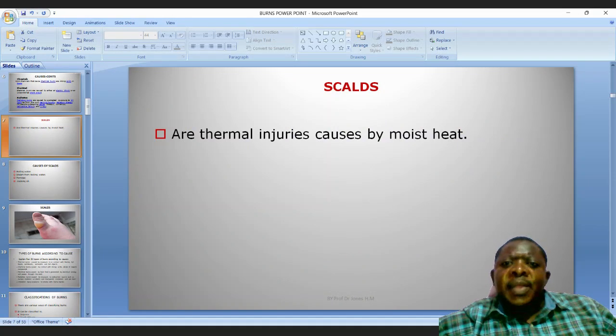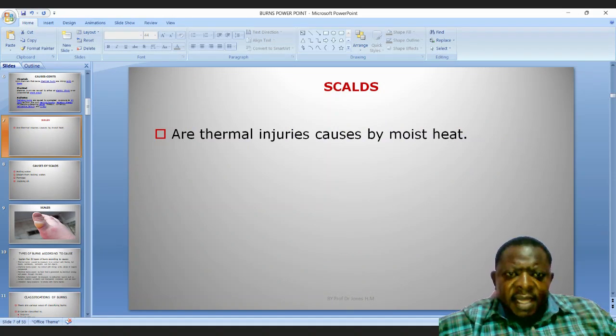There is also a type of wound that belongs to burn injury, which we call scalds. Scalds are thermal injuries caused by moist heat.